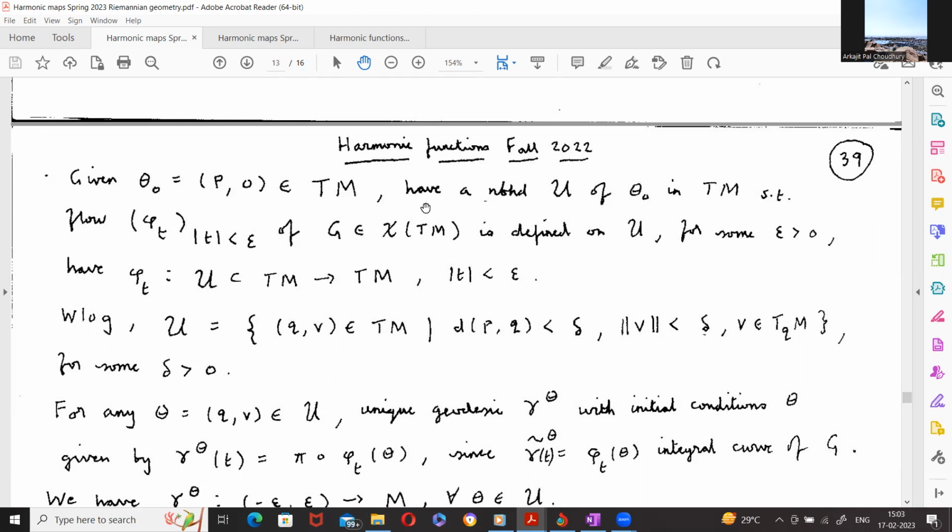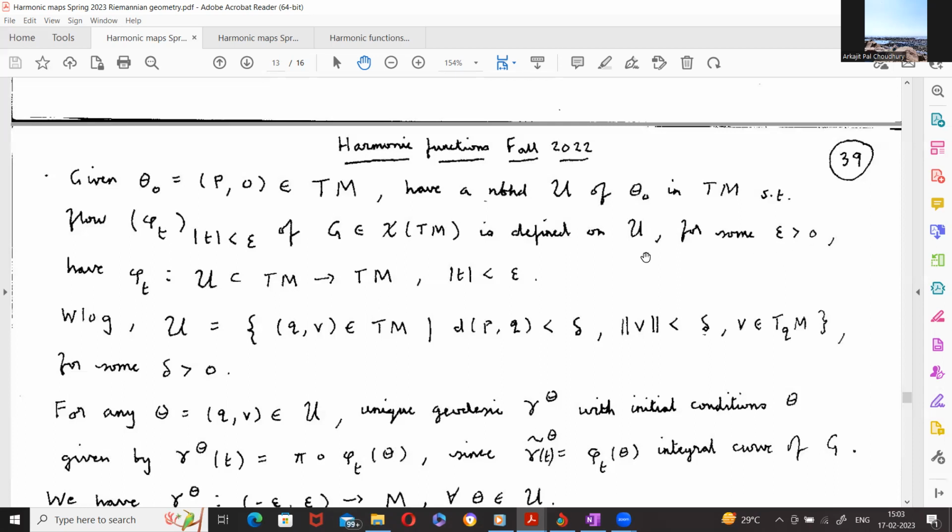Then by the existence and uniqueness theorem for ODEs, we have a neighborhood U of theta naught in the tangent bundle such that the flow of the geodesic vector field is defined on this neighborhood U for some fixed epsilon positive.